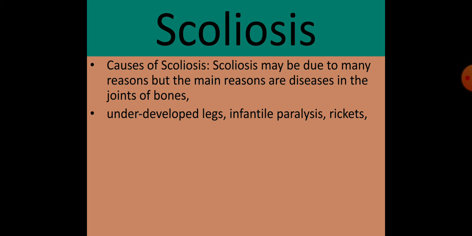Infantile paralysis in early childhood or infancy, the child is suffering with paralysis problem, or rickets, that is a deficiency disease caused due to vitamin C, vitamin D and calcium.